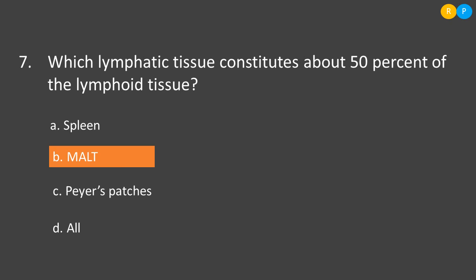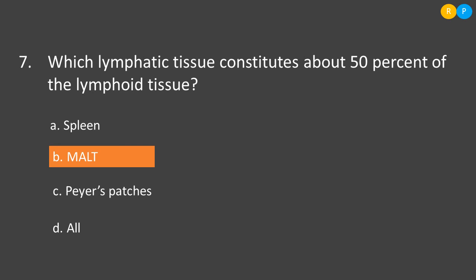Clear. So let us see the options. Option A, spleen. So spleen is an organ, not a lymphoid tissue. Then option B, MALT. So MALT is nothing but mucosal associated lymphoid tissue. So these tissues make up about 50% of the lymphoid tissues.